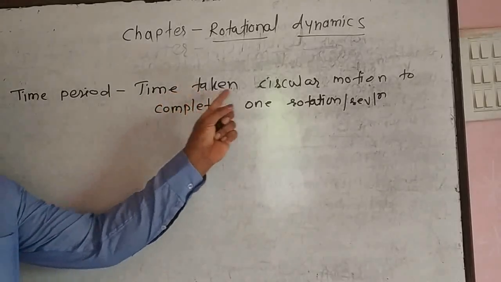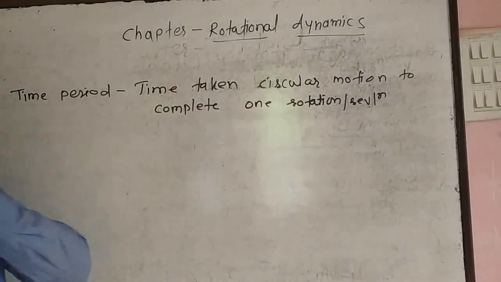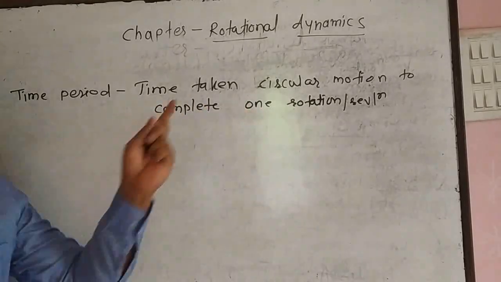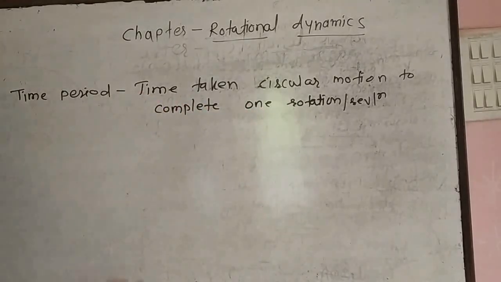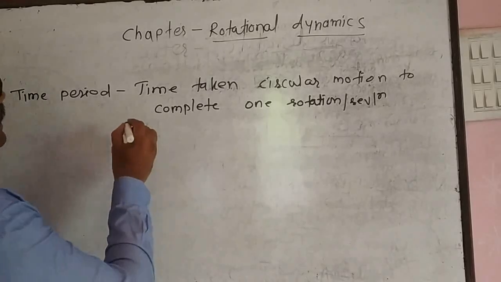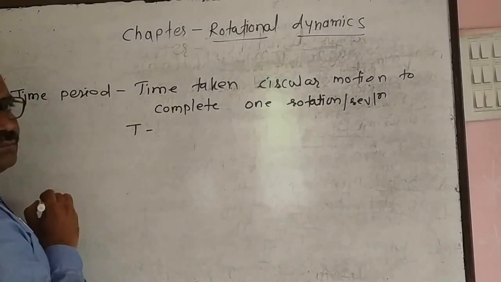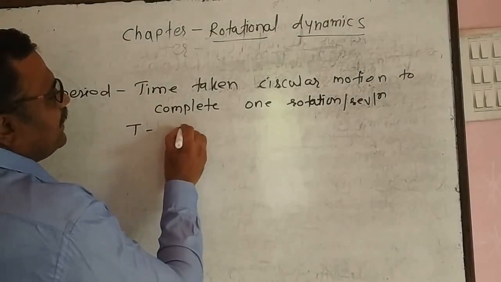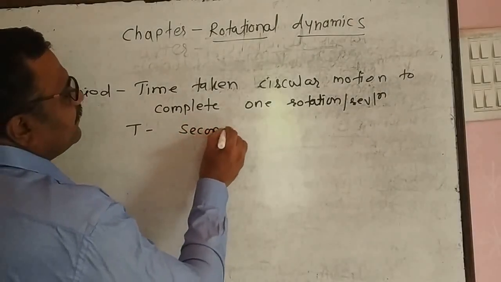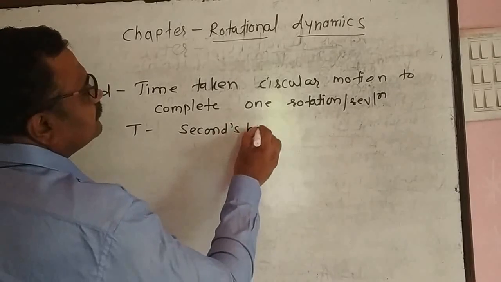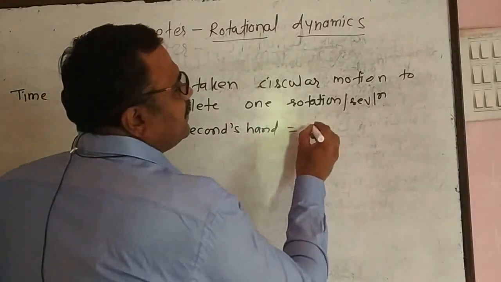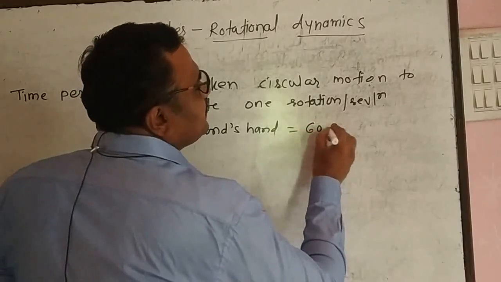Time taken by the particle to complete one circular rotation on the circumference is known as time period. Time period is denoted by capital T. And we know the time period of the second hand is equal to 60 seconds.